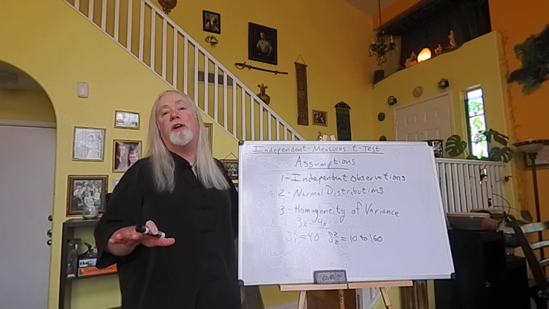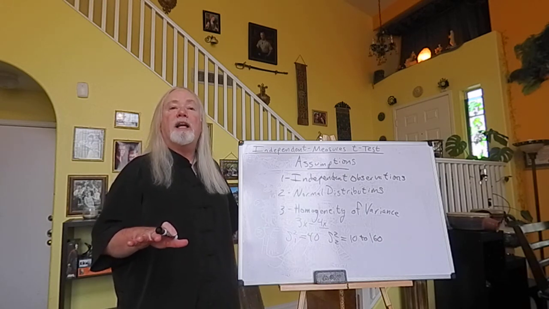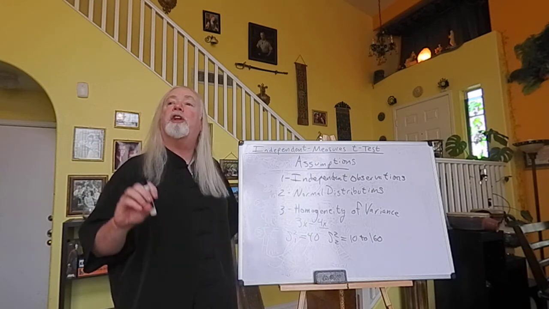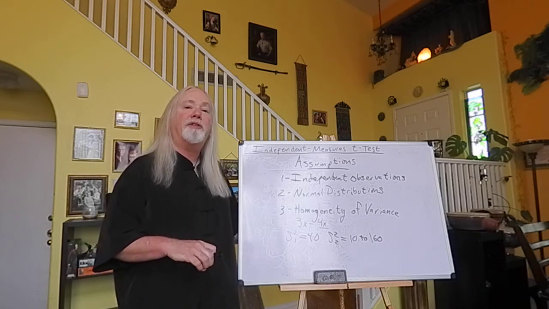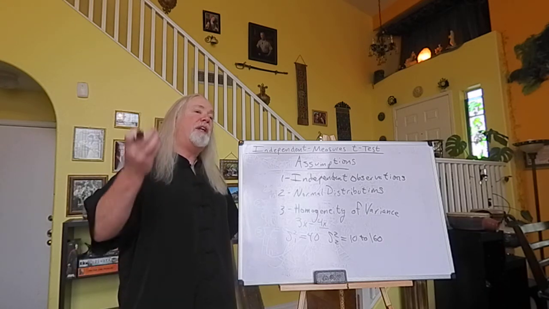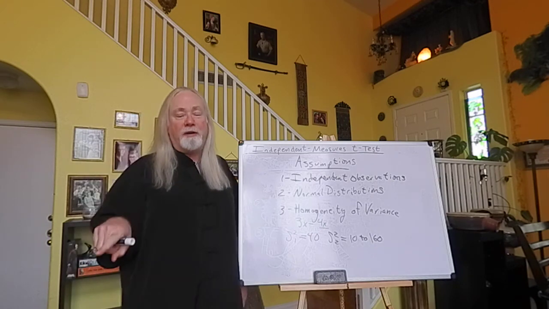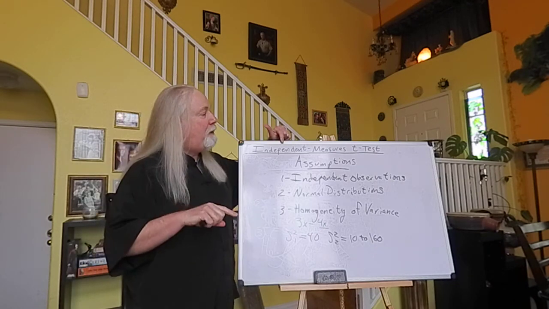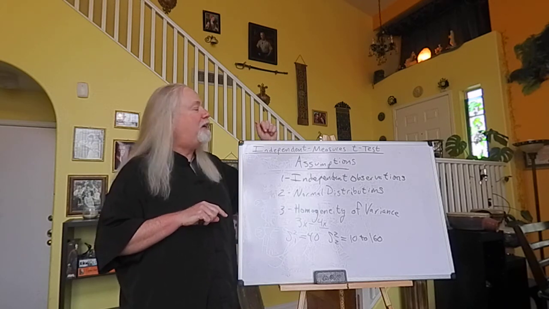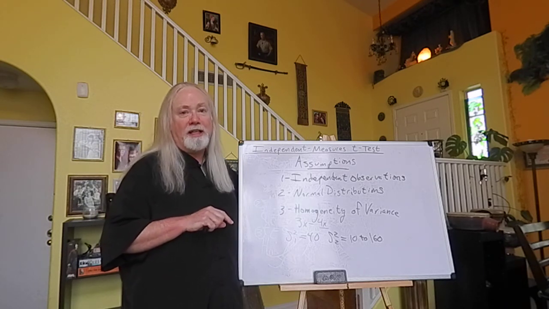On deck for the following week will be our lecture for Chapter 11, which is called a repeated measures t-test. Let me just say something I said way back in the Chapter 9 videos: single sample t-test, independent measures t-test, and next week, repeated measures t-test.